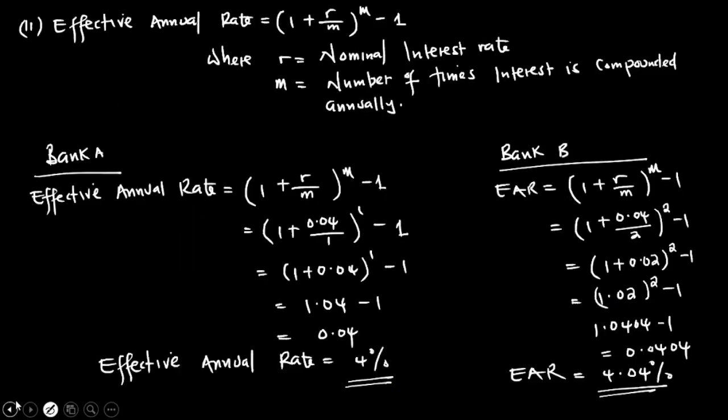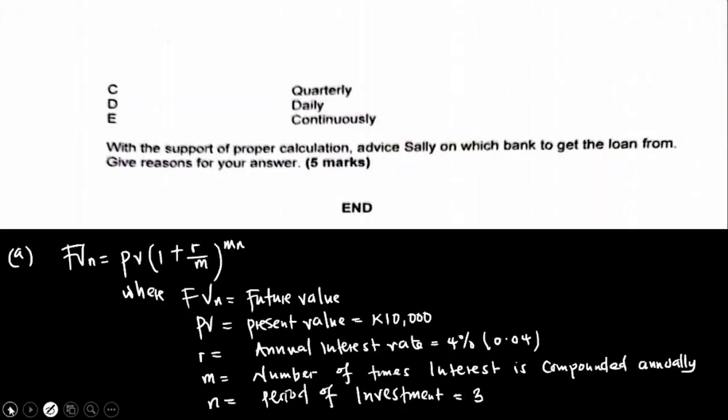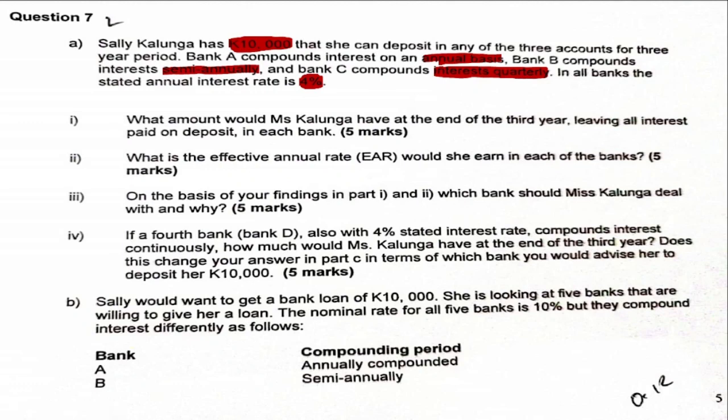We continue. Let's look at the B part of the question. Sally would want to get a bank loan of 10,000. She's looking at 5 banks that were willing to give her the loan. The nominal rate for all the 5 banks is 10%, but the compounding is different as follows.